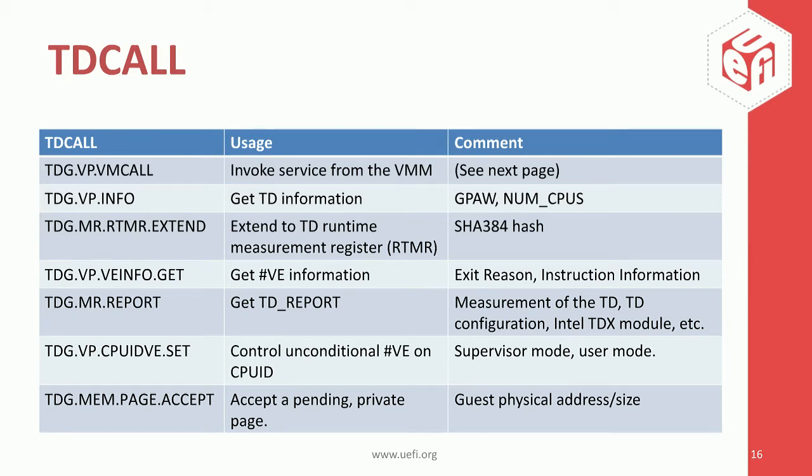Next one is MR.REPORT. This TDCALL is to return a TD report. The TD report includes the measurement of the TD and TD configuration and the measurement of the Intel TDX module. The last one is page accept. This is to accept a pending private page. TDVF will use this one to accept the unaccepted memory, which is blocked by the VMM.